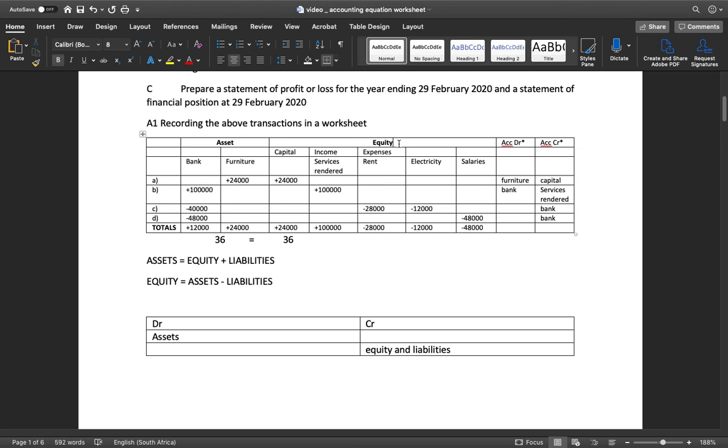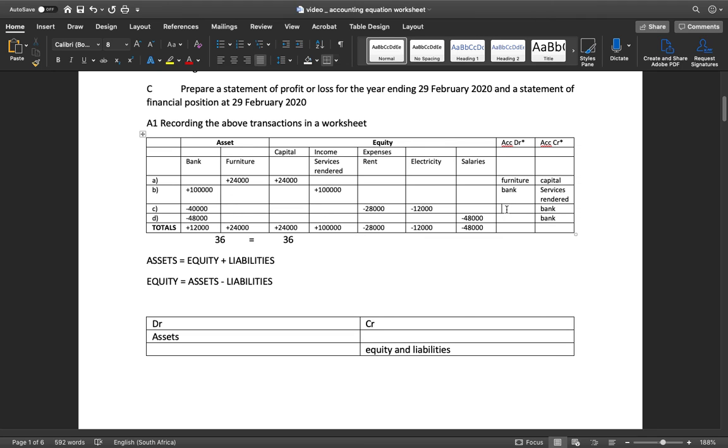To increase equity, you must credit it. And likewise, expenses decrease equity, so you will debit them, because equity normally has a credit balance. Expenses decrease equity.